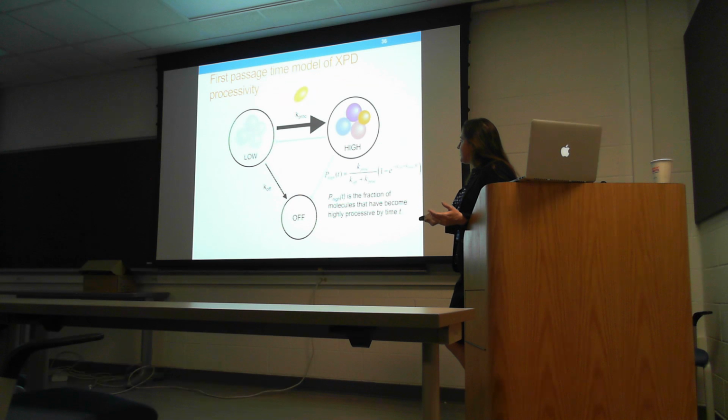We disallow transitions out of the high processivity state, and I will spare you all the math, but we can calculate the probability of XPD crossing into this high processivity state by time t. And we can also calculate this directly from our data, the percentage of molecules that have crossed our processivity threshold at each time point.